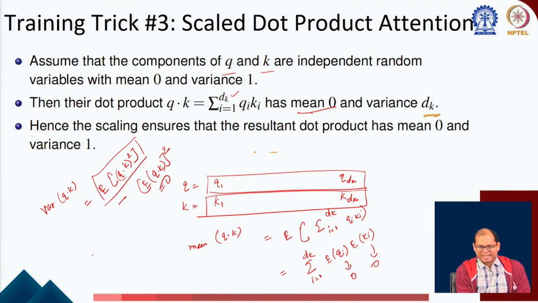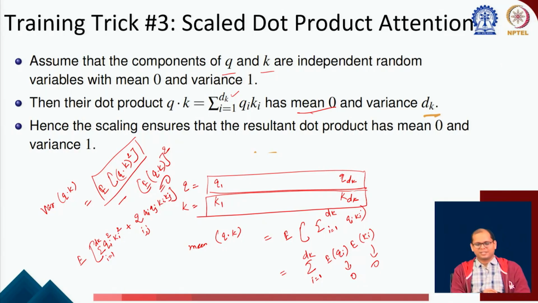Now you will have a square of the sum, so you will have qi squared ki squared for all i, dk times, plus 2 times the sum of qi qj ki kj for all possible ij pairs. That is what you will have.